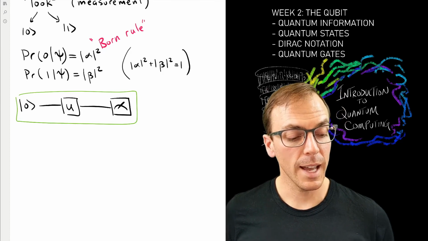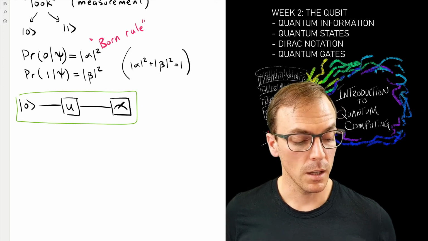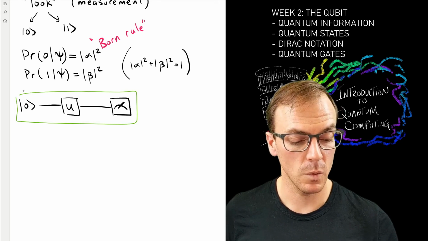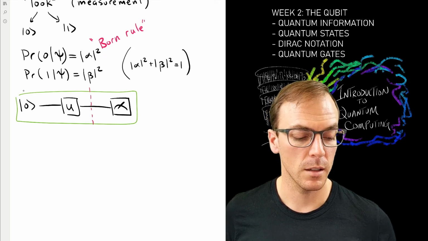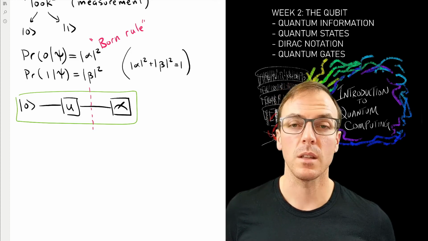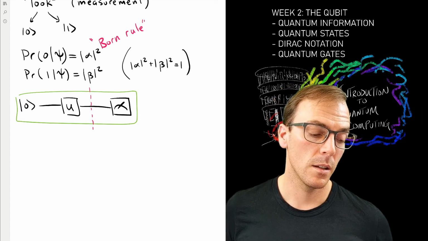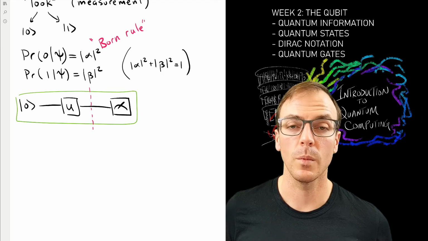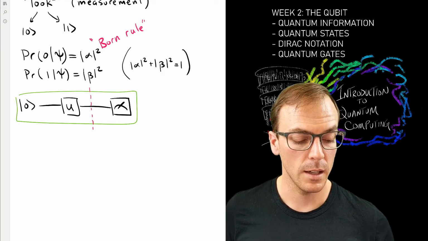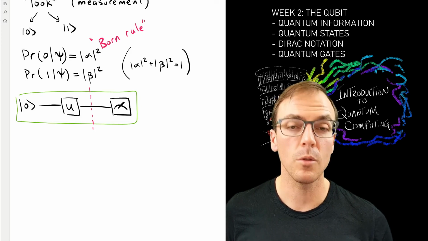All right, so if I want to analyze this computation, at any point where I don't know what the state is, I write down what the state is. And because the circuit has some explicit notion of time as we move from left to right, I can step by step go through the algorithm.